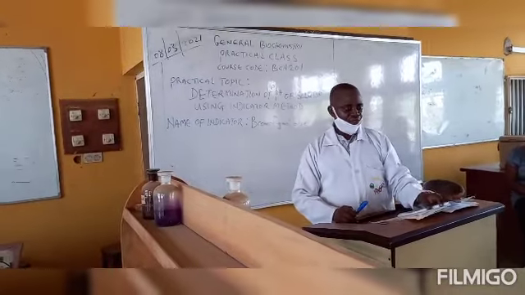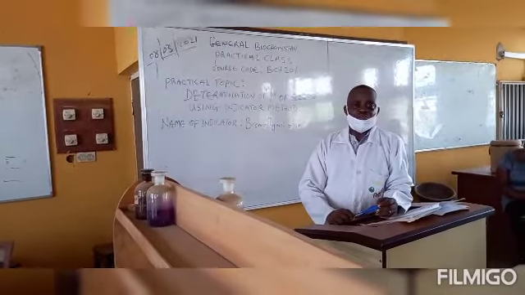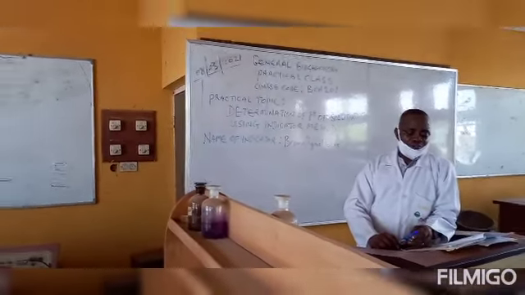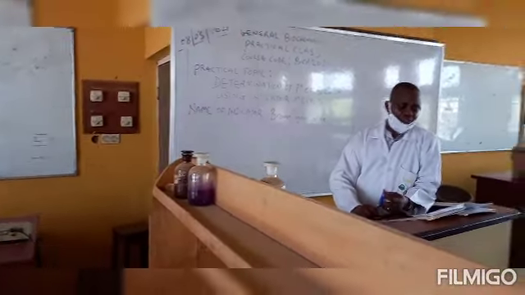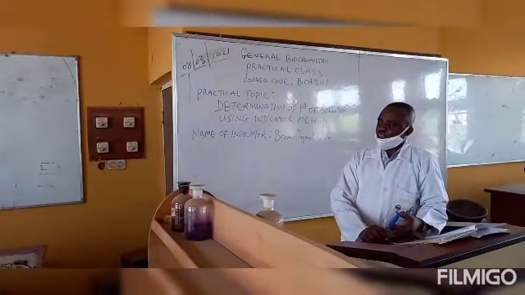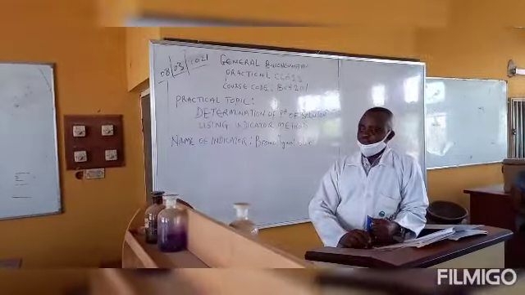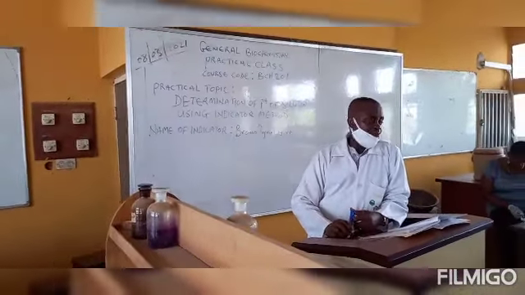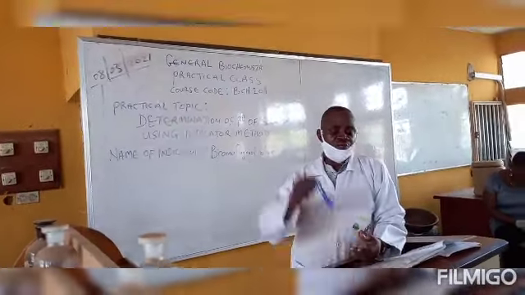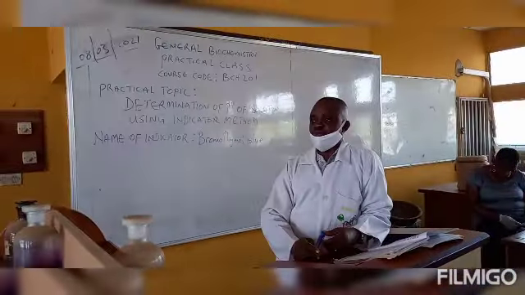Having done that, into test tubes 1 to 11, by the table here, you are required to pipette 5 ml of 0.1 molar potassium dihydrogen phosphate, which has already been prepared for you, into each of the 11 test tubes.